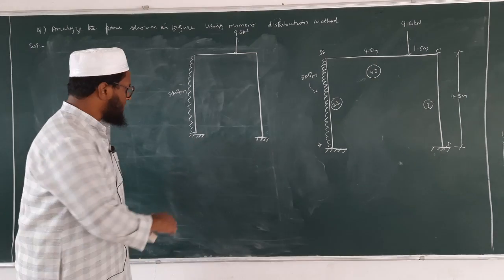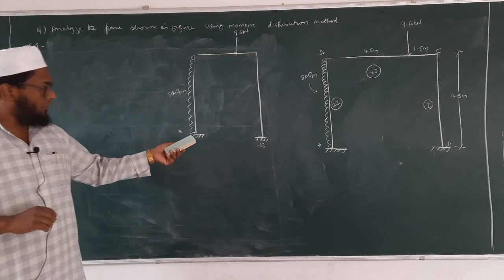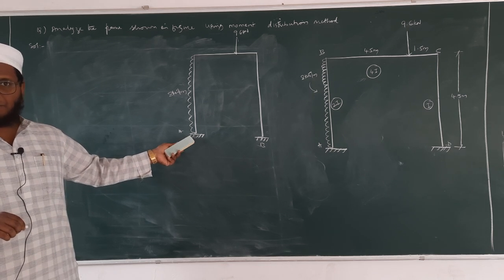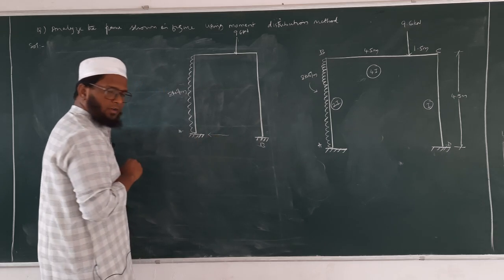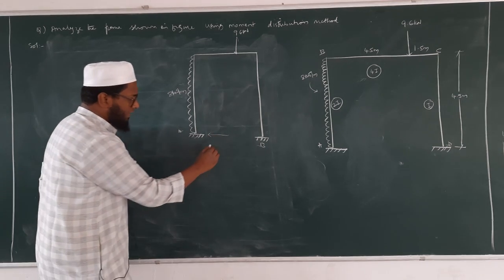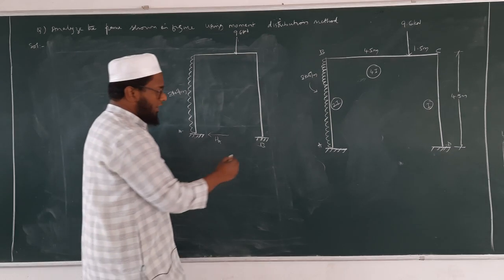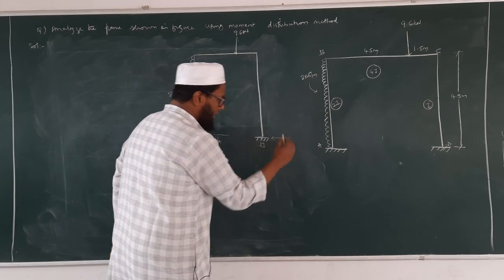Okay. So this is point A and this is point B. Now I have reactions on fixed support, right? One reaction will be exactly in horizontal direction. I will name this as HA. Similarly, I will be having one more horizontal reaction, that is HB.